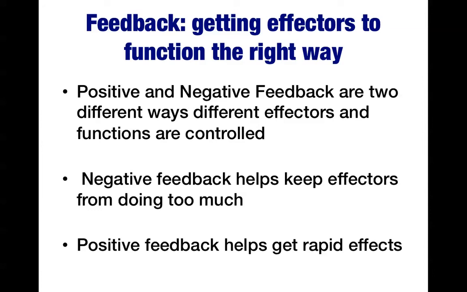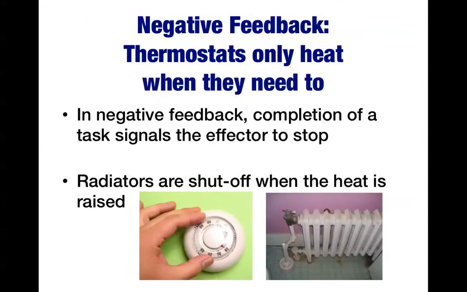Most of the examples we've talked about so far, in fact, used negative feedback. Negative feedback is common in our body, as it helps get the result needed without wasting energy or overshooting the mark. Even the example of a thermostat and a radiator in a home is an example of negative feedback.